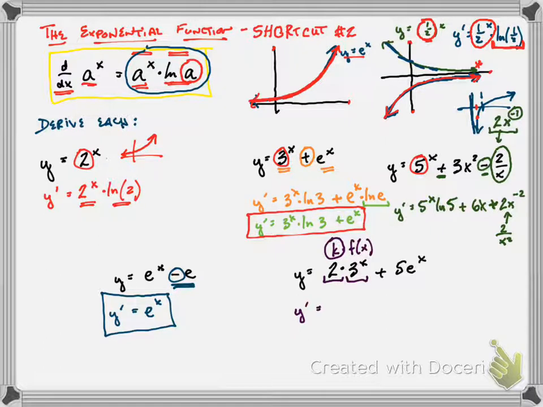Very similar to what we've worked on with the first shortcut rule. So 2 times 3 to the x has a derivative of 2 times 3 to the x times ln 3. Now, this right here is the derivative of 3 to the x. 2 is just our constant rewritten.